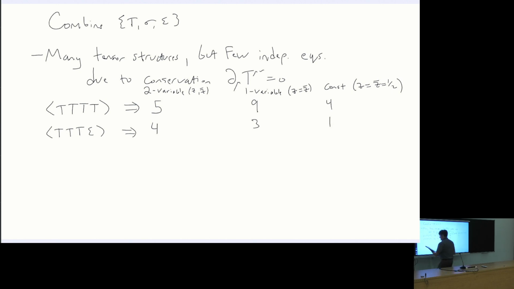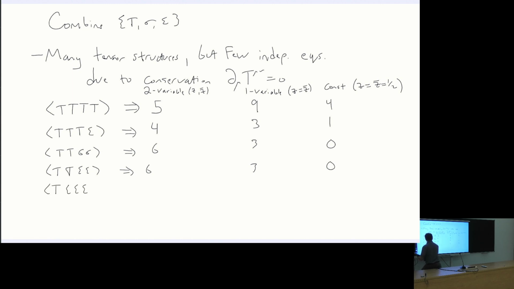So just to give you a sense, for TTT epsilon, there are 4 full crossing relations. For TT sigma sigma, there are 6. Similarly for TT epsilon epsilon. Then there's a T epsilon epsilon epsilon correlator, which has 1. There's a T epsilon sigma sigma correlator, which has 3.